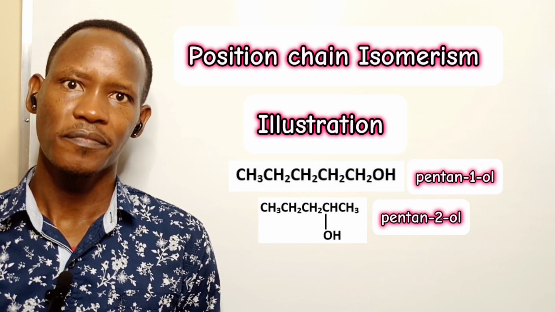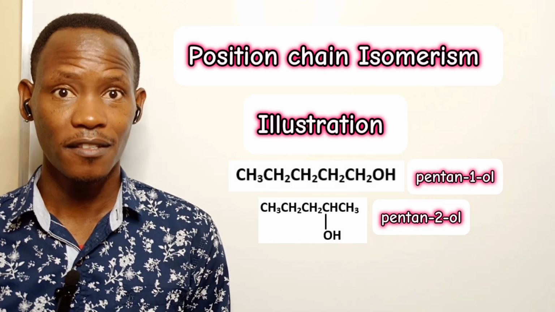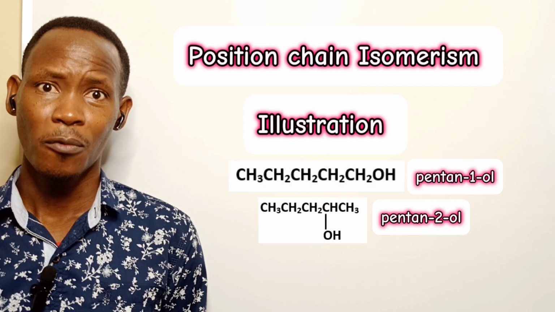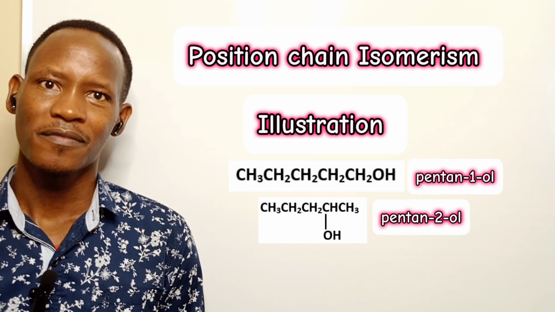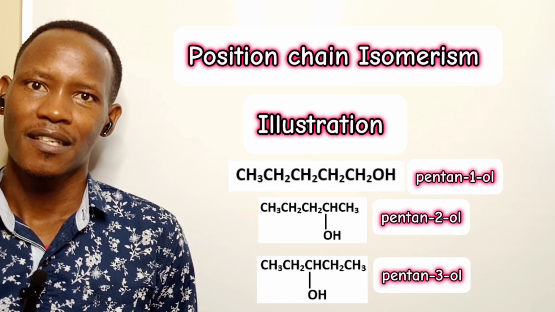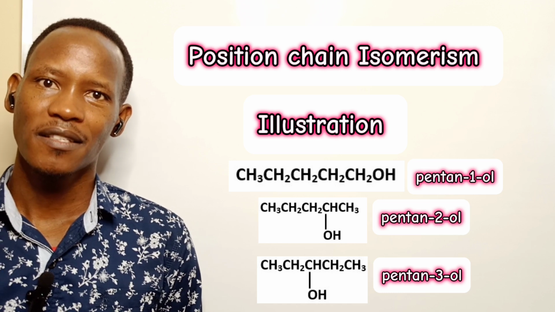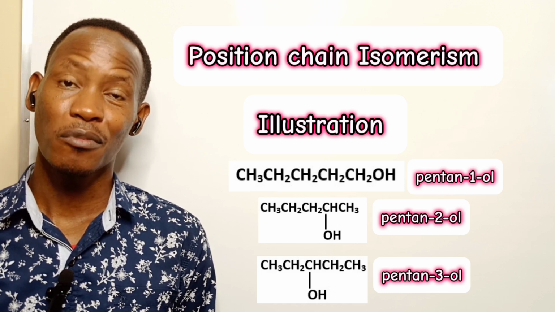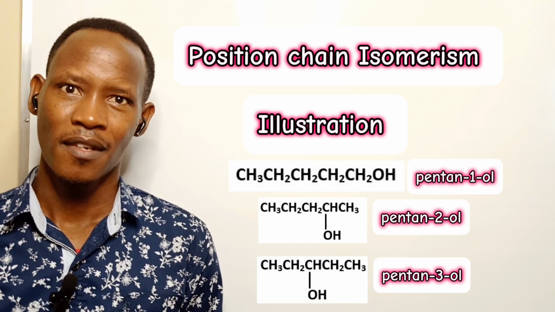Now realize that the functional group, the OH group, has shifted from the first position to the second position. We can also have another position chain isomer, the third compound displayed there. Realize that its IUPAC name is pentan-3-ol, and consequently the position of the OH group is changing.